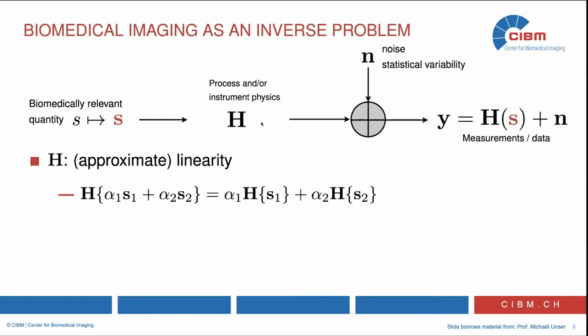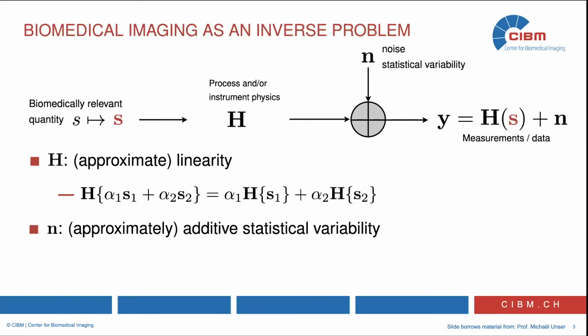As you all well know, probably this is not the case in many instruments, but it's a simplifying assumption that helps a lot. And another assumption is that noise is usually additive. So that means that the statistical variability changes the image that you observe, or the quantity you want to measure, around an average instead of doing more complicated stuff.